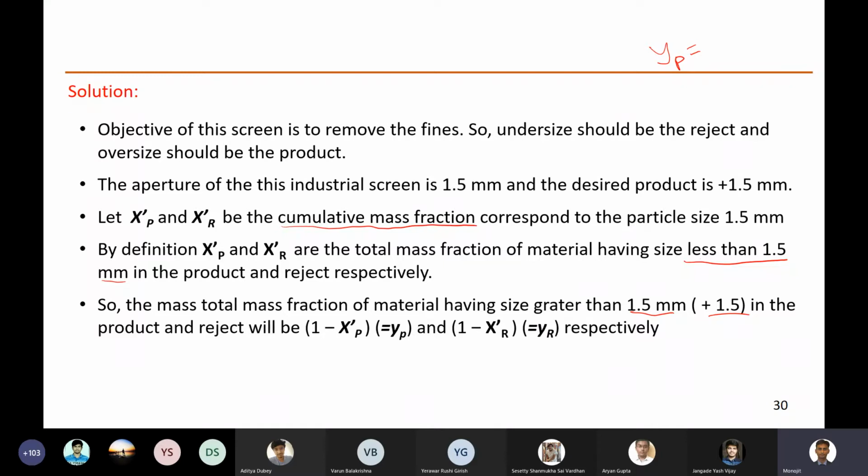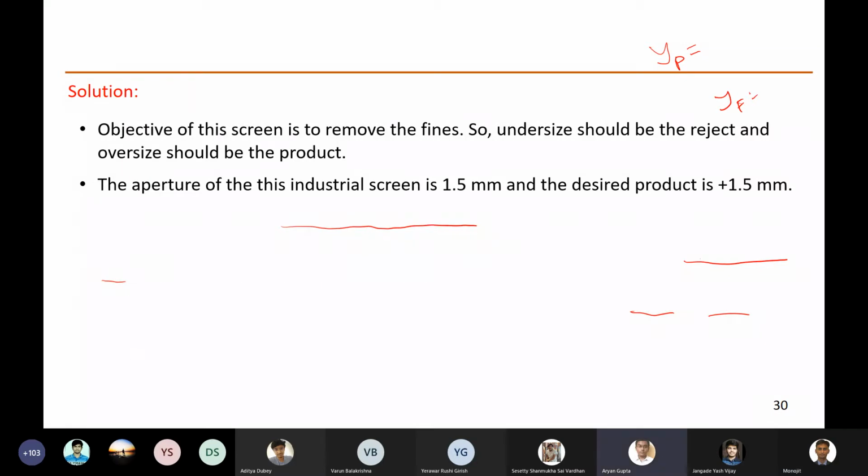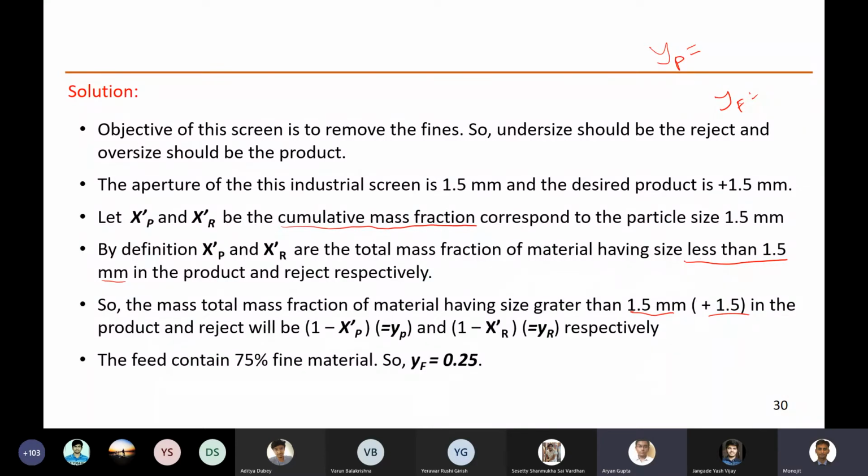Okay, now what is YP? Sorry, what is YF here? Mass fraction of your desired material in the feed stream. 25%. Right. So YF is 0.25. Is that clear to everyone?